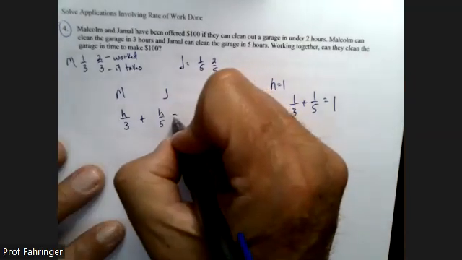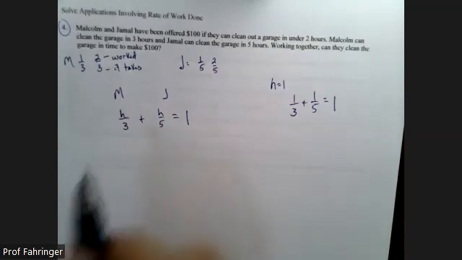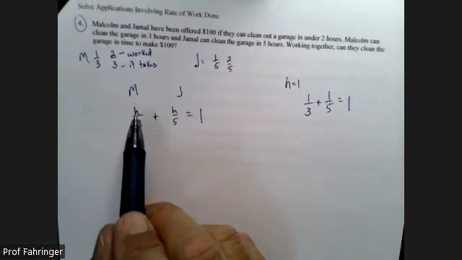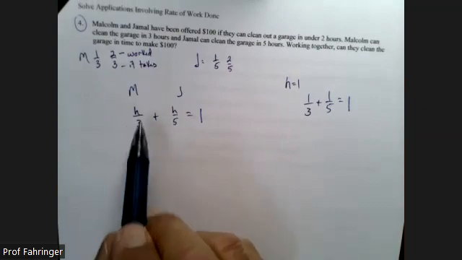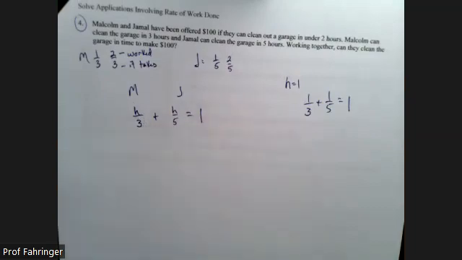So this is going to be an equation where it has to equal 1. I don't know how many hours Jamal or Malcolm worked, but if he worked 1.5 hours and he worked 1.5 hours, would it equal a whole job? Would the whole garage be cleaned?